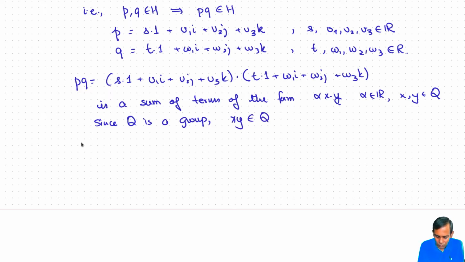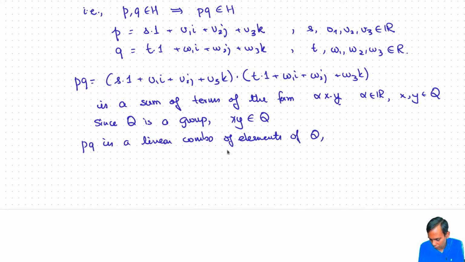So PQ is a linear combination of elements of Q. Hence, by definition of H, PQ belongs to H, because H is precisely the linear span of the elements of Q.